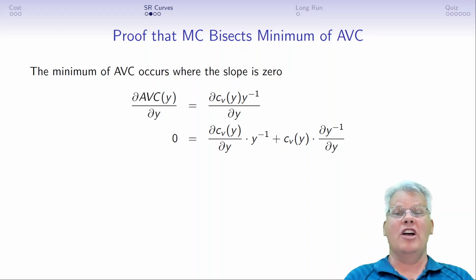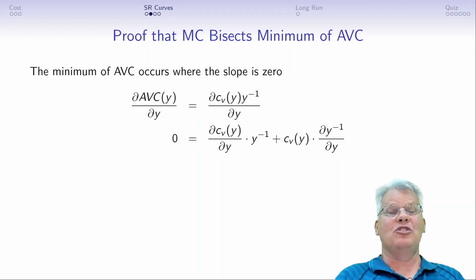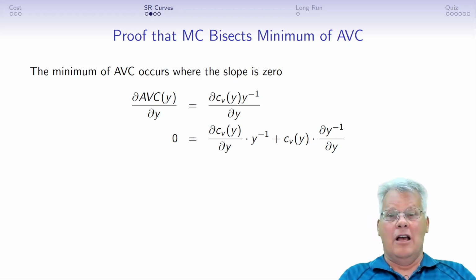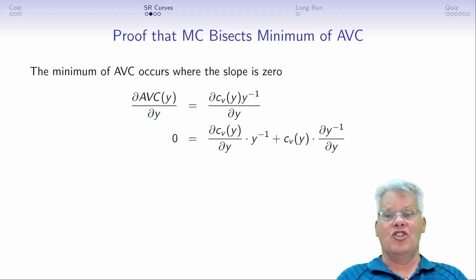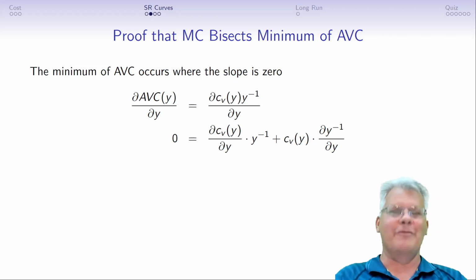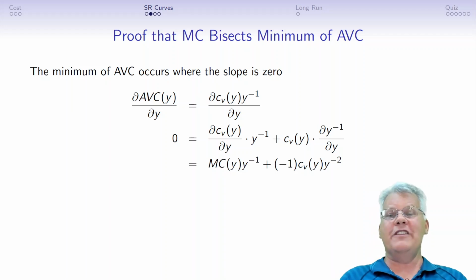Average variable cost I could re-express as variable cost times y to the minus 1. And then I could apply the product rule of derivatives, right? So the derivative of a product is the derivative of the first term times the second plus the first term times the derivative of the second. And then as I take those derivatives, I come to the next line.